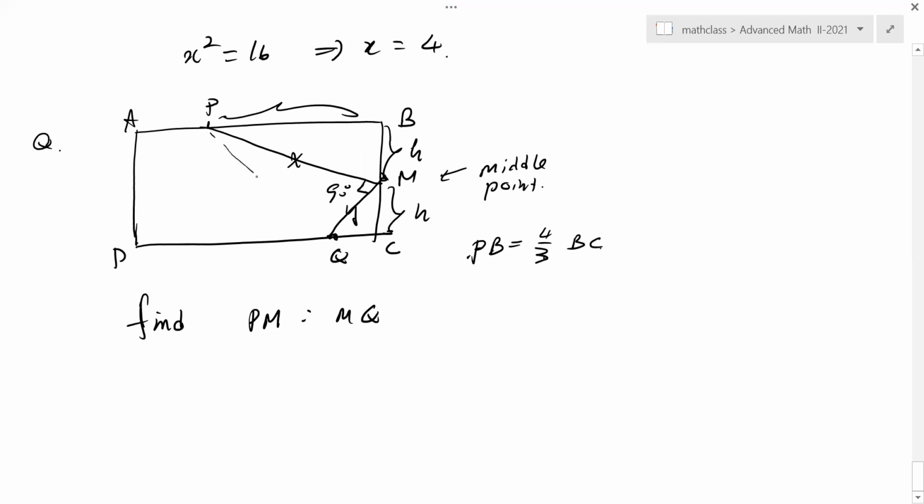Actually, this is a right triangle, right? So what we should know is, if this angle is beta, then this angle is alpha, alpha plus beta is 90 degrees. Since here is 90 degrees, this must be alpha and that must be beta. So you have two similar triangles.